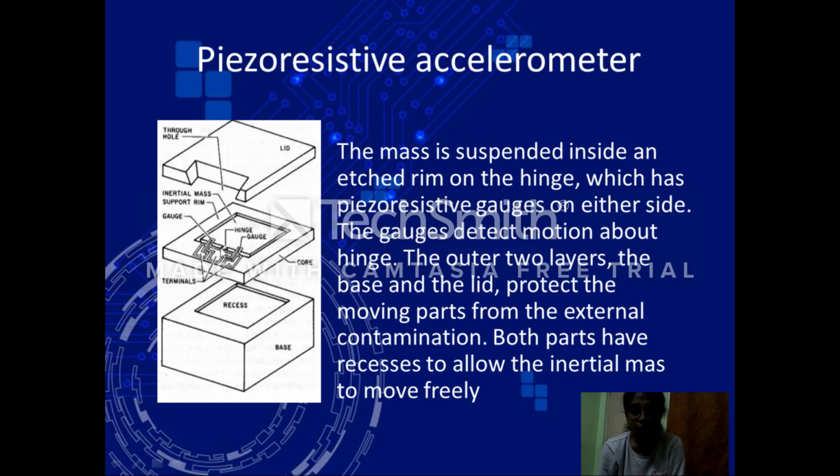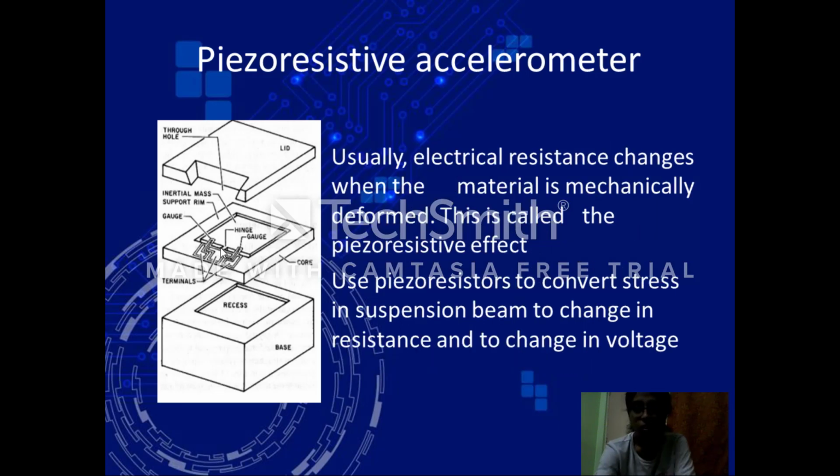If we relate the mass to the hinge, and there is any force, acceleration, vibration or pressure on the mass, the hinge will get that change. When a change is detected at the hinge, one gauge faces tension and the other faces compression, and they produce electrical changes.